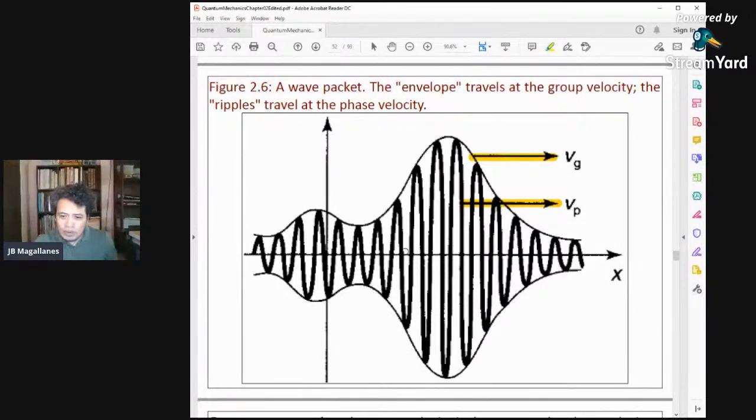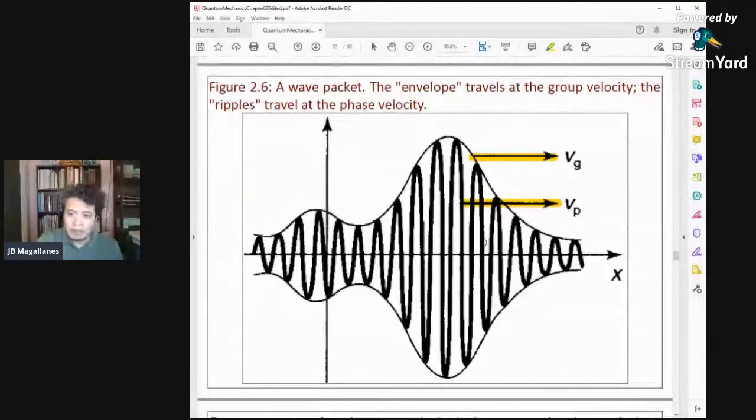Each ripple here could be traveling faster than the other ripples, or slower than the other ripples, or some ripples could be traveling at the same speed. So those are the phase velocities of the ripples.